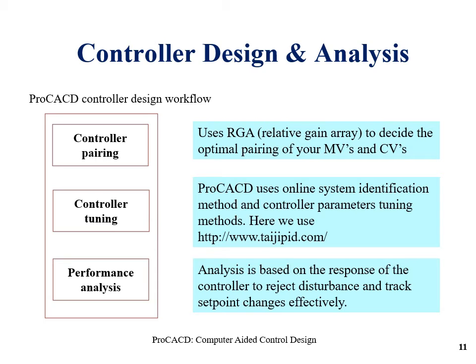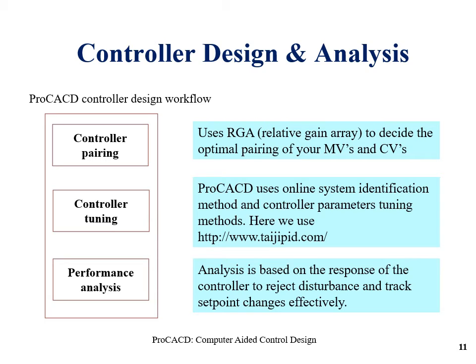Another analysis is tracking of set point changes, where we arbitrarily change the set point and see how fast the controller is able to bring the control variable to the new set point. Based upon all this, we can easily tell whether the control structure and the tuned parameters are robust or not.